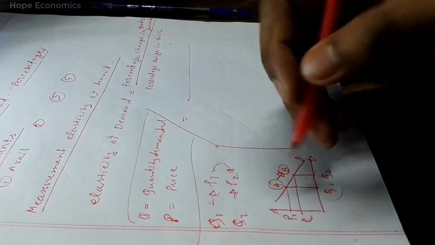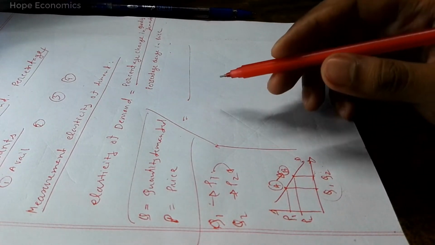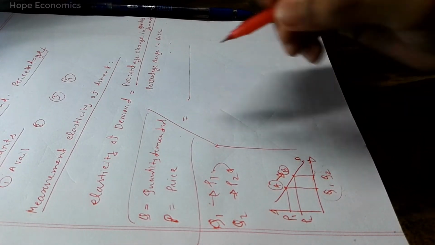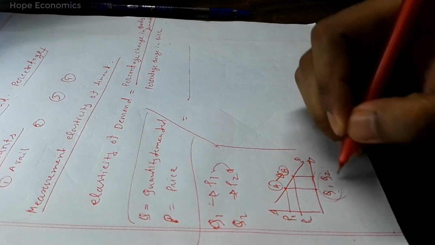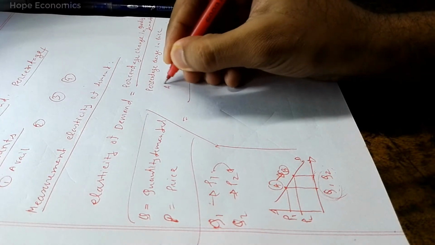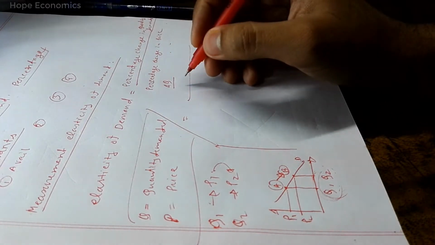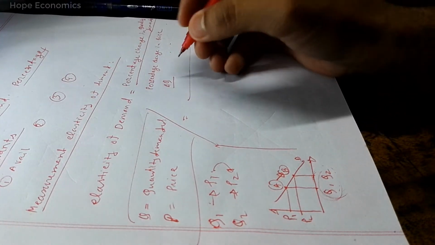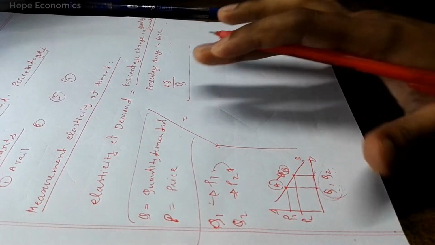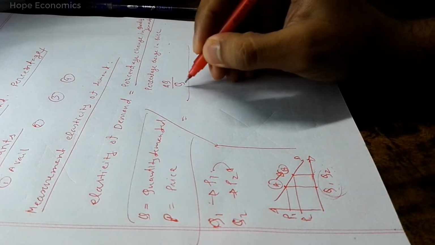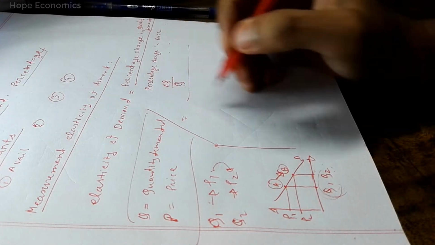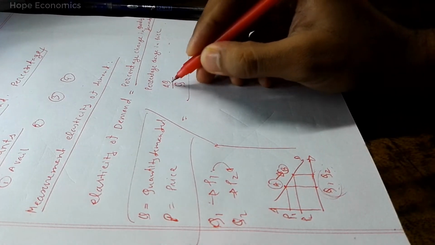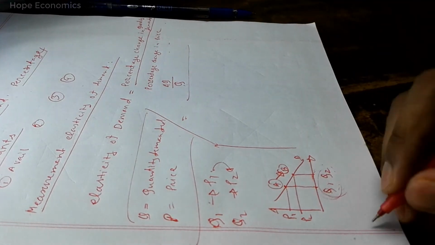That means we have to find out the difference between Q1 and Q2, so let's assume this del Q divided by Q. Carefully notice in here, I wrote del Q means the difference between Q1 and Q2, and Q means the summation of Q1 and Q2.